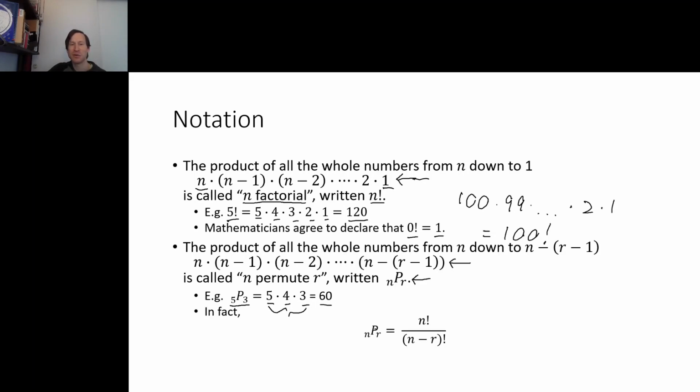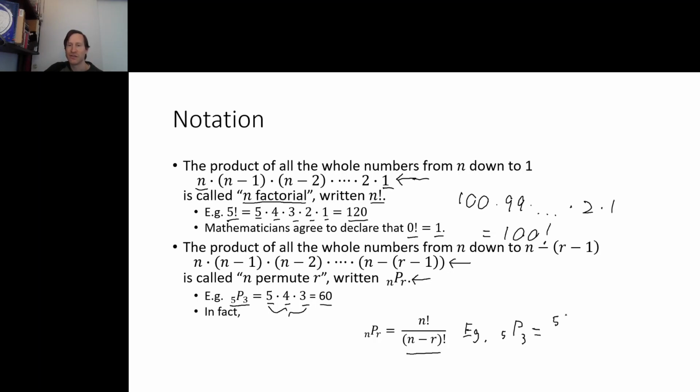So n permute r is n factorial divided by n minus r factorial. Just for example, 5 permute 3, we know it should be 60, but let's use the formula to see that it does produce 60.